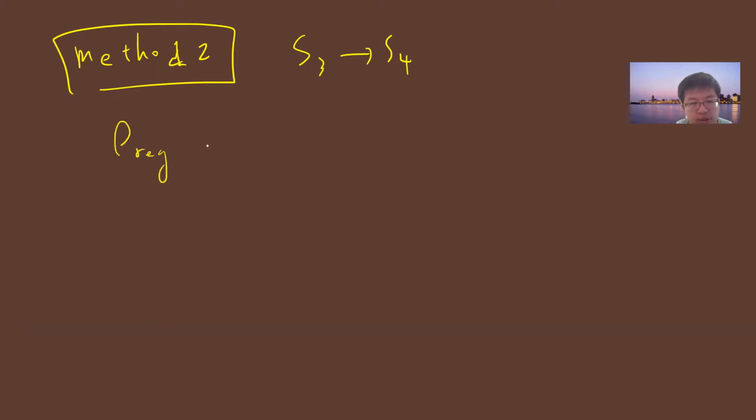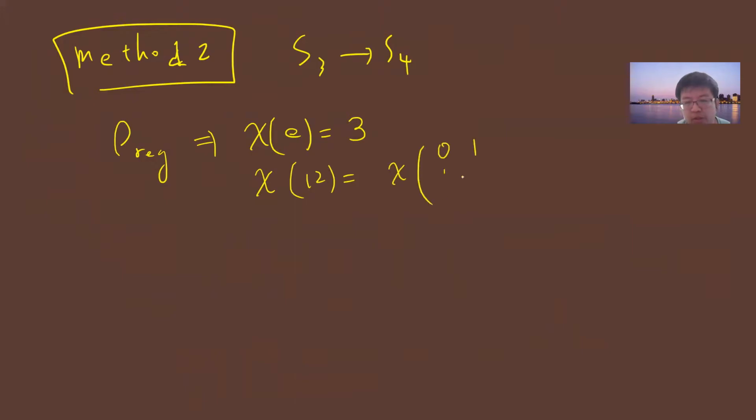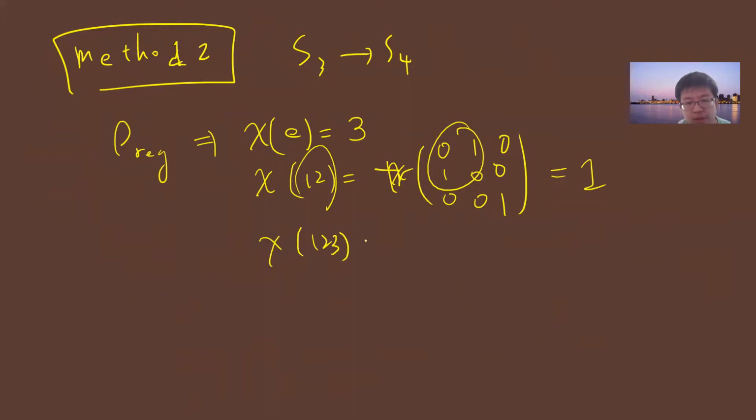The character of the regular representation at the identity is 3, and for the rest, the character of (1 2) is 1, and for (1 2 3) it is 0. So it is the trace, right? (1 2) means that you flip 1 and 2, so it's 1. And for (1 2 3), everything changes, so it's 0.